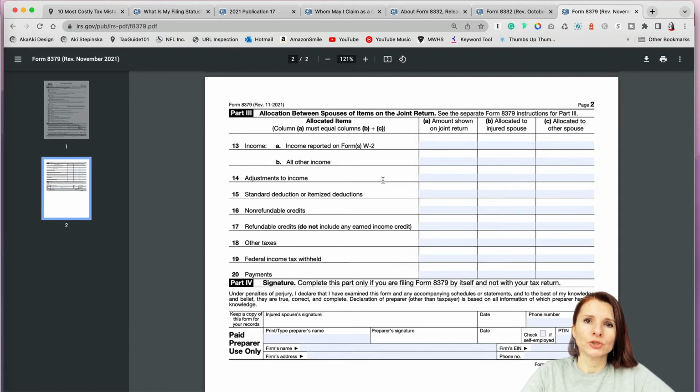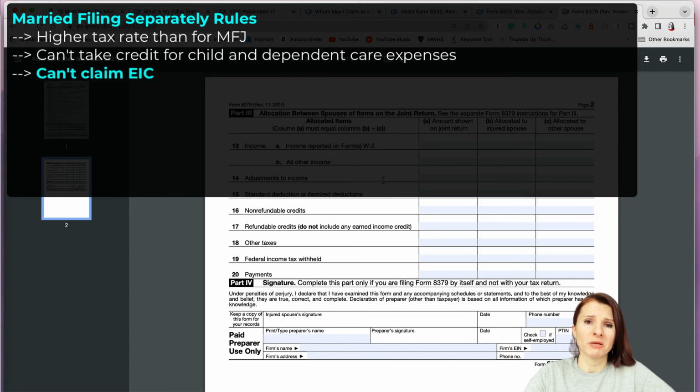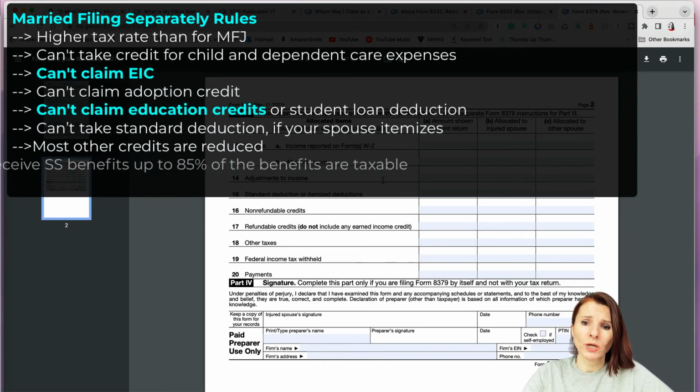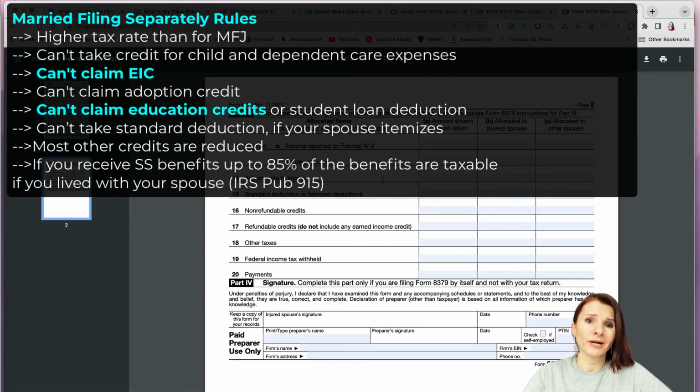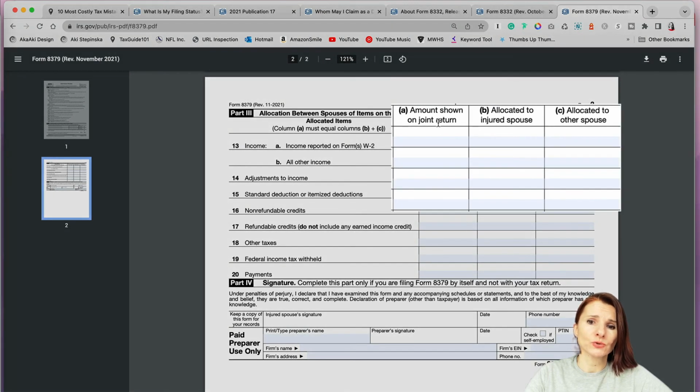So some people try to file married filing separately, but if you do that, there are actually some disadvantages. You can't claim some education credits, earned income tax credit, and so on, so you're losing out on that. People are not aware that you can actually file married filing jointly and include the injured spouse allocation form, and it allocates how much of the refund should go to you versus the spouse that owes the debts.